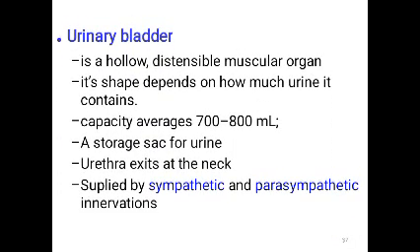The urinary bladder is a hollow, distensible muscular organ. Its shape depends on how much urine it contains. Capacity averages 700 up to 800 ml. It is a storage sac for urine. The urethra exits at the neck, supplied by sympathetic and parasympathetic innervation.